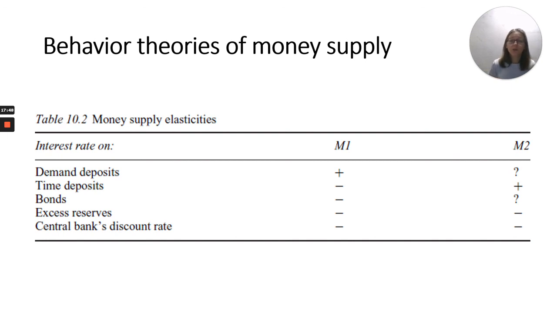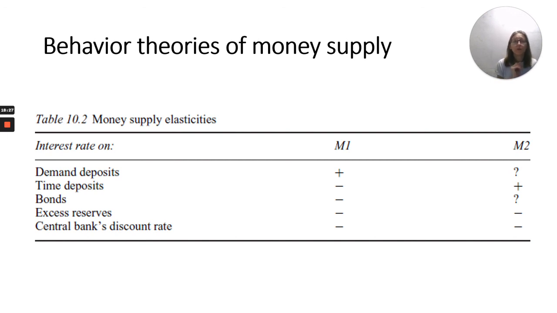The question marks in terms of the effect of the interest rate on demand deposits and the interest rate on bonds indicate that the linkage is unknown, and that again could be explained maybe by the fact that what is M1 and what is M2 might be very different in different countries, because we may find different instruments in different countries, and then how we group which instrument is M1 and which is M2 might be very sensitive.